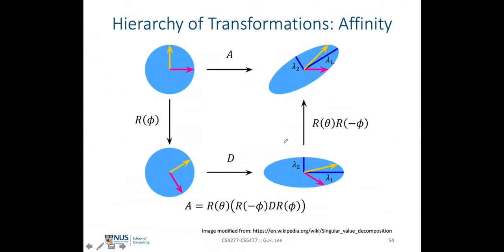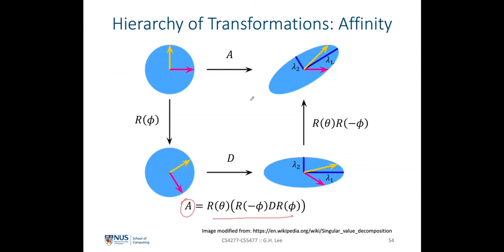So we have seen that the affine transformation matrix denoted as A over here can be decomposed into four terms using the singular value decomposition. And these four terms consist of rotation matrices as well as a diagonal matrix, which consists of the eigenvalues.